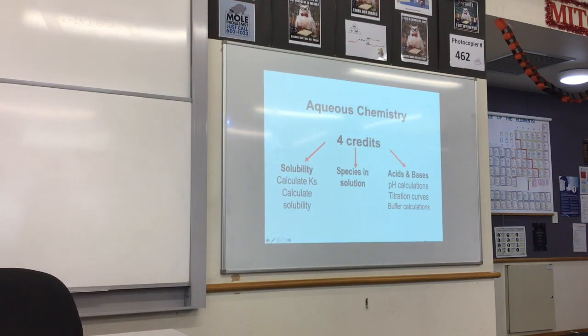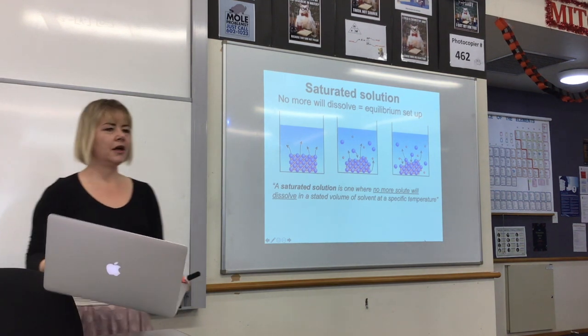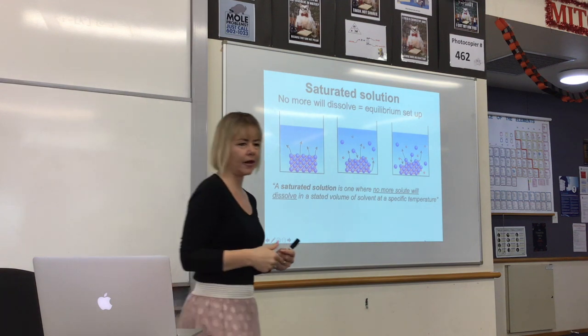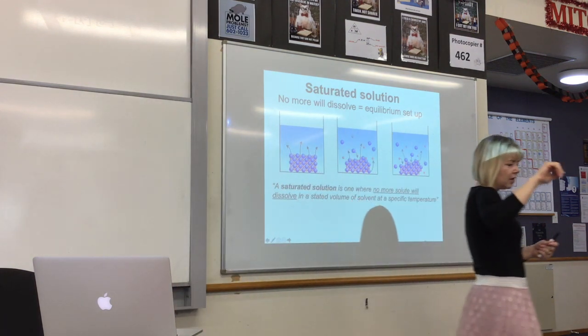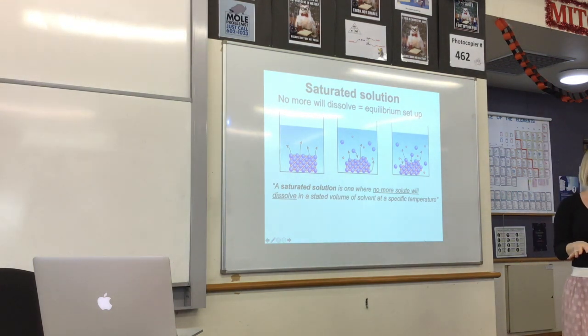Okay, so let's move to the saturated solutions. We're going to have a beaker, and you'll put a solid in it, and it'll be ionic, okay? As you pour it in, the ions will dissolve, and you don't need to be able to do that explanation of water attracting to the ions and the intermolecular forces being overcome.